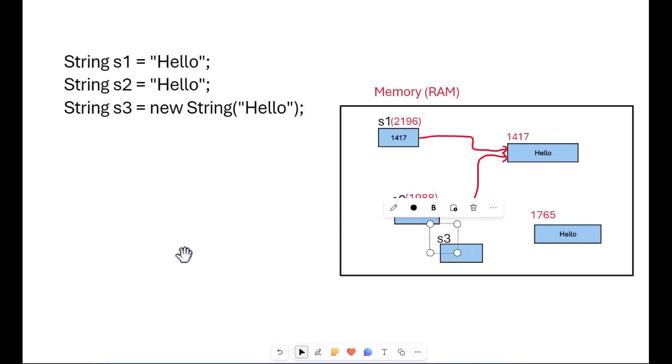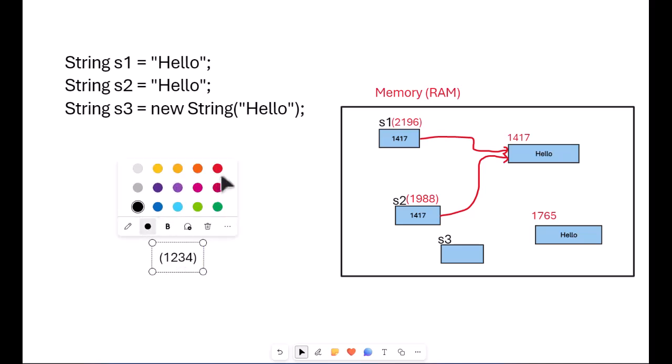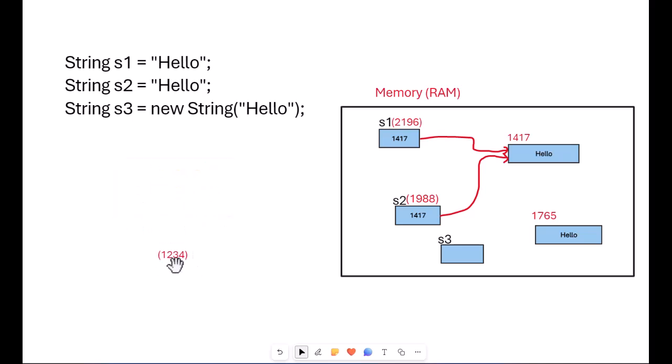Here's my s3, and let me put some random location such as 1 2 3 4. This is a random memory location. This is where s3 is, but as a programmer I can use s3. Now s3 is going to take where the new string hello is, so it's going to take the new value. So it's going to take the 1765 as if it is pointing to this new address.